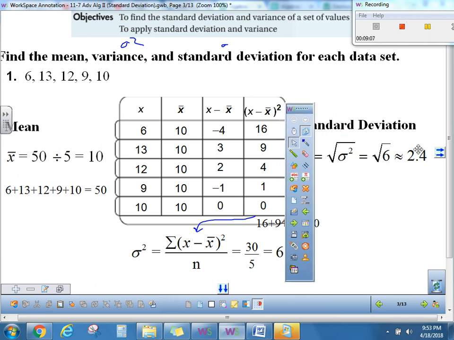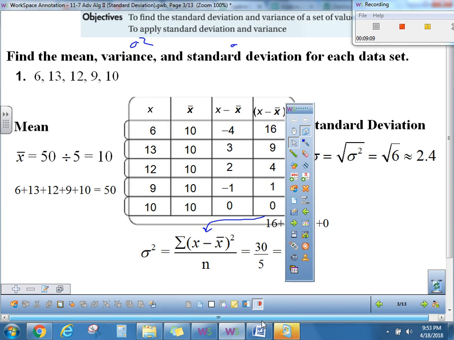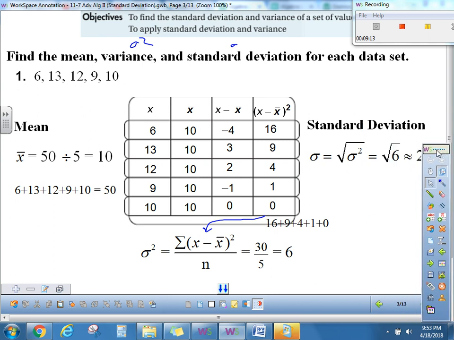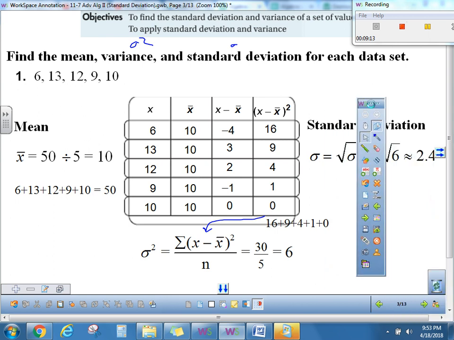So what that means is that we have a standard deviation of 2.4. Your data deviates about 2.4 from that mean. Not exactly, but about. And that looks to be about true if we subtract 2.4 from that 10, that mean, and add 2.4. And we'll talk a little bit more about that in a minute.